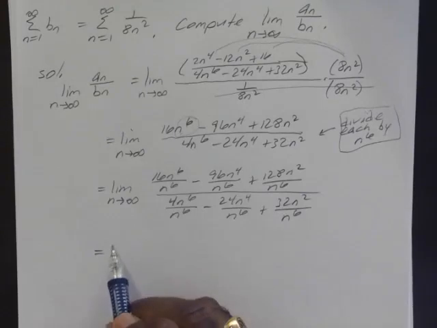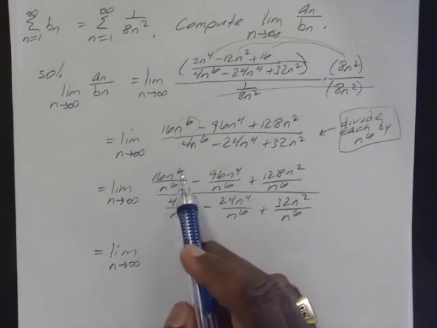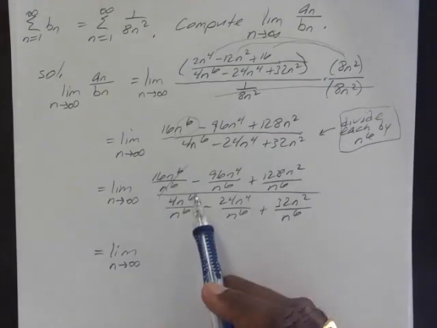Okay, so if we simplify it, it's just the limit as n approaches infinity. These two n to the sixth power cancel out, so do these two.